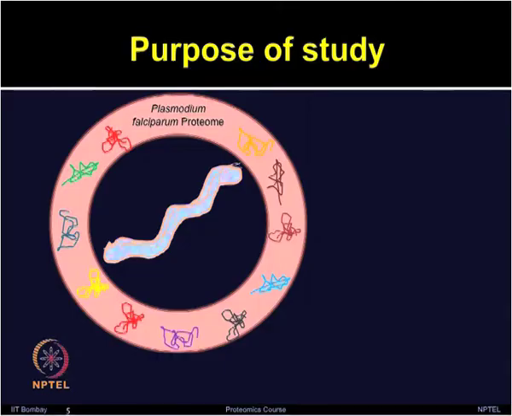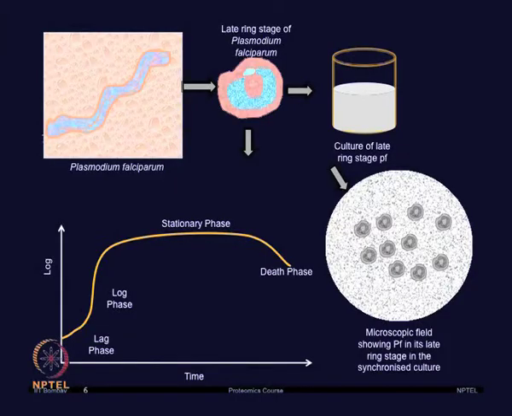But before looking at the proteomic alterations, the authors first determined IC10, IC20, IC50 and IC90 values for both drugs, ARM and LUM. We will use these abbreviations now for artemether and lumefantrine.